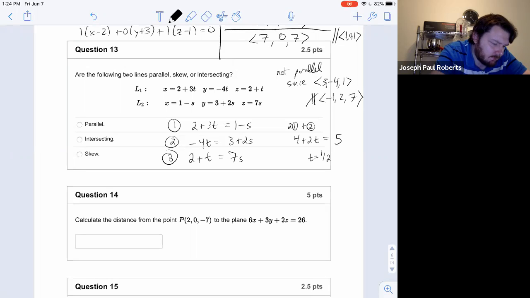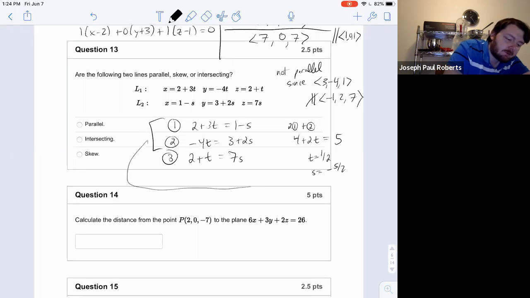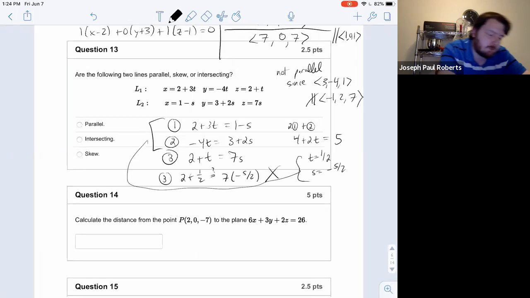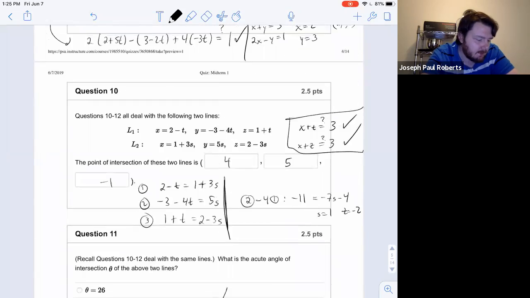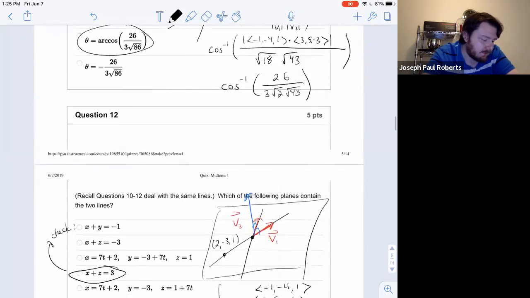So I get 3.5 equals 1 minus s, so s is negative 5/2. So that's the solution to equations 1 and 2. If I check that in equation 3, is 2 plus 1/2 equal to 7 times negative 5/2? And the answer is no. So there's no solution to all 3 equations, which means that the lines are skew by definition. So if equation 3 had matched up, like what happened in question 10, we would have had intersecting lines, but we don't.